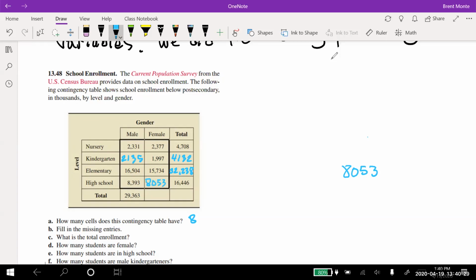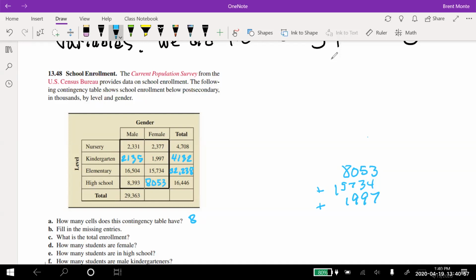8,053. Now what I can do is add the females down to get the total. I've already got that 8,053 in there. So to that, I'm going to add 15,734 plus 1,997. Oops, 1,997. That number has to go.